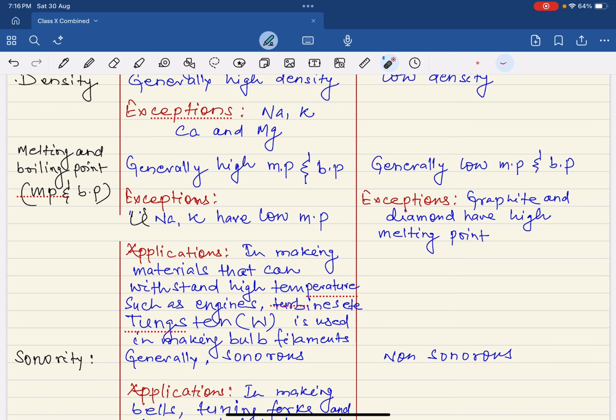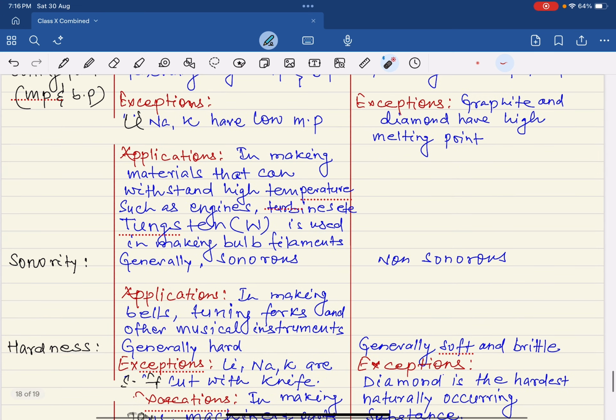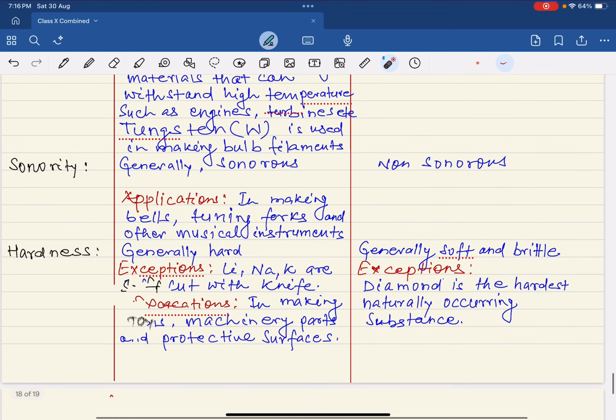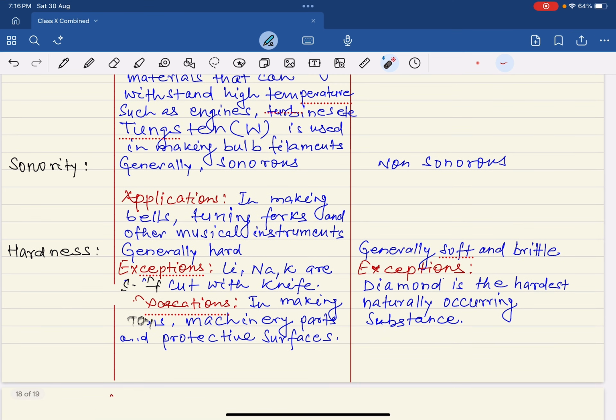And the differentiation between metals and non-metals on the basis of sonority. Metals are sonorous and non-metals are non-sonorous. The application of sonority of metals is in making bells, tuning forks and musical instruments. Then hardness. We know that metals are generally very hard and non-metals are soft.